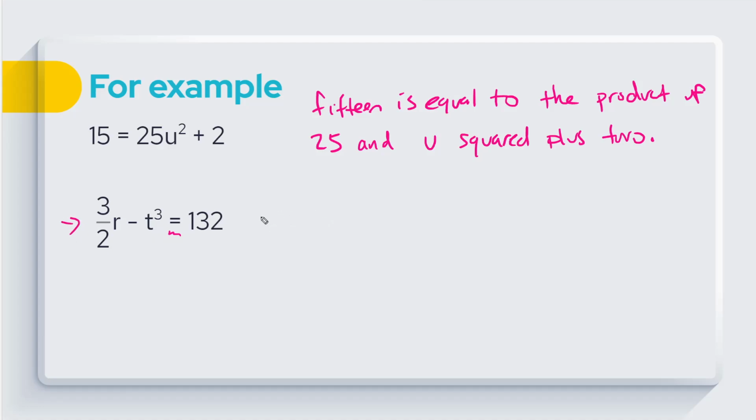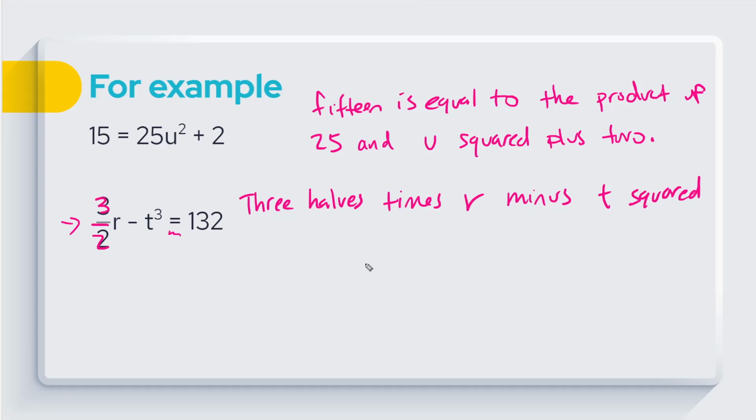So this is 3 halves, right? 3 over 2. 3 halves times r minus t squared is the same as 132.